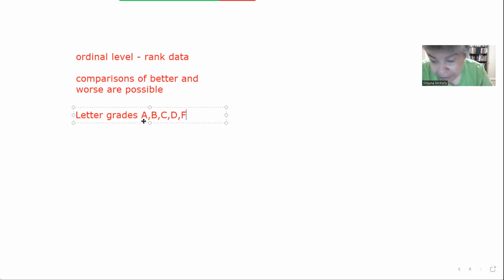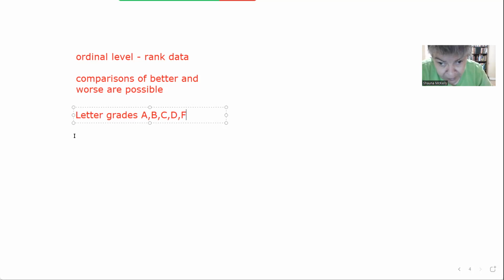But how much better did you do? Maybe somebody got 95 and the nearest B was 89, which is not too far apart. But what if the highest A was 98 and the highest B was 81? You see? We don't know how much better or how much worse. We just know that it is better.